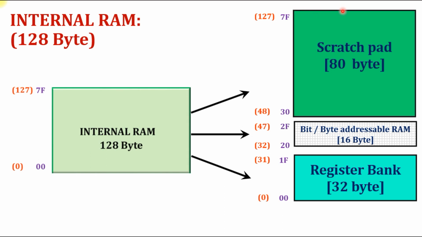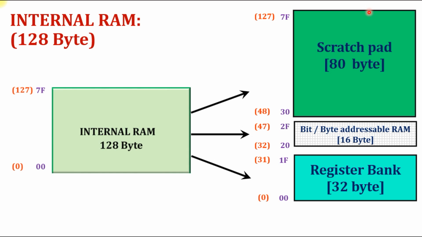ALU, I already told, right, ALU is in need of some locations to hold the temporary data while calculating anything. While performing any task, ALU needs some temporary storage space, that is called scratchpad, technically called RAM, right?